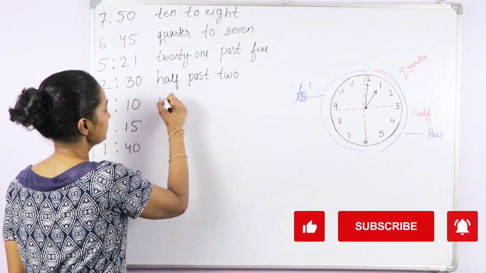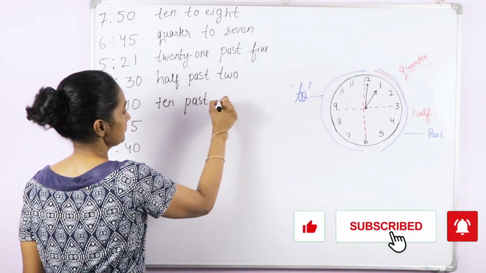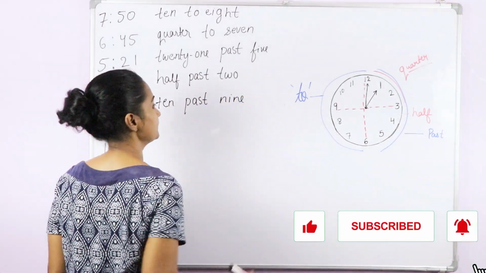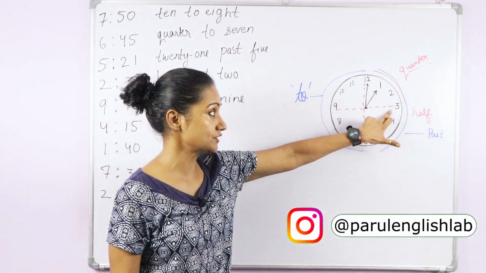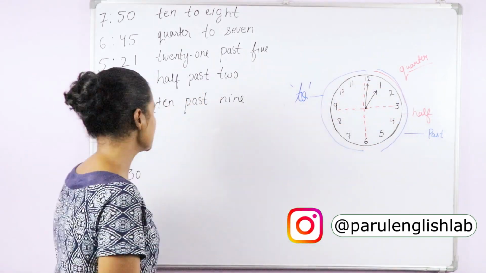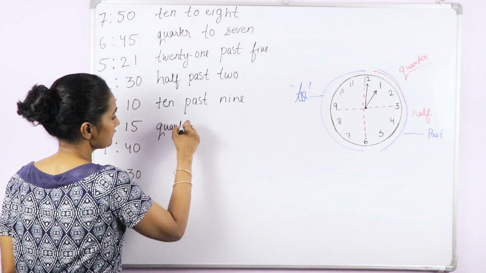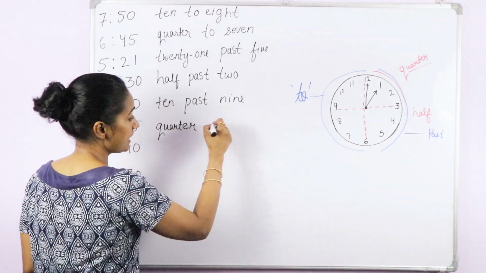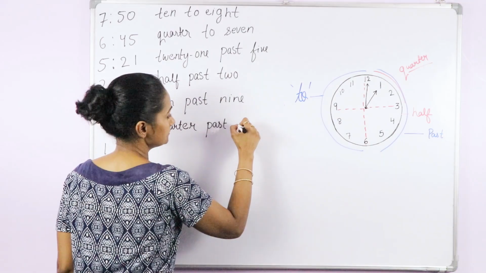So 10 past 9. Same hour. 4:15. So the minute hand will come here. 15, so it's a quarter. So we are going to use quarter, and then past, and then the hour, 4.